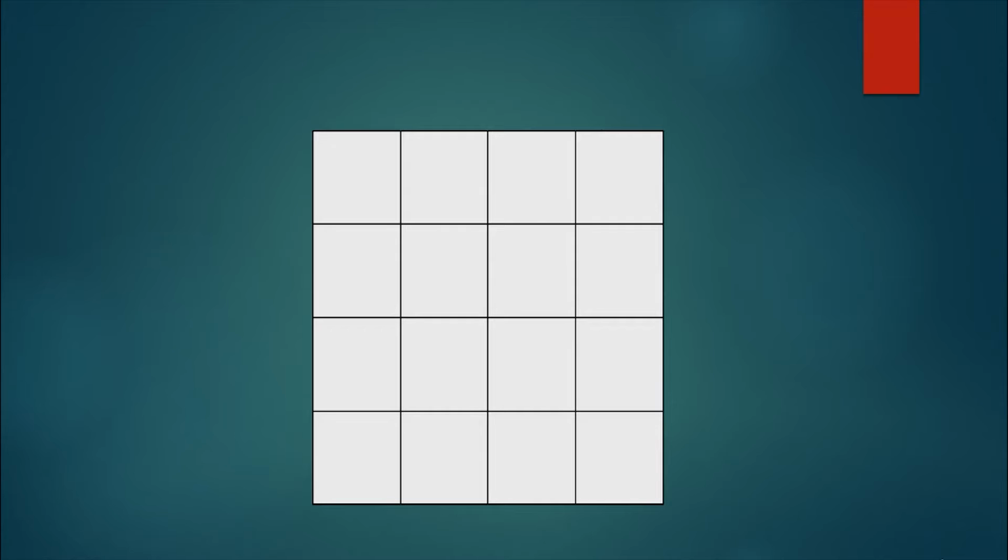So we have 4 columns and 4 rows, and we want to place 4 queens. We begin at column 0, index 0, and because this is the first queen, we consider it done.